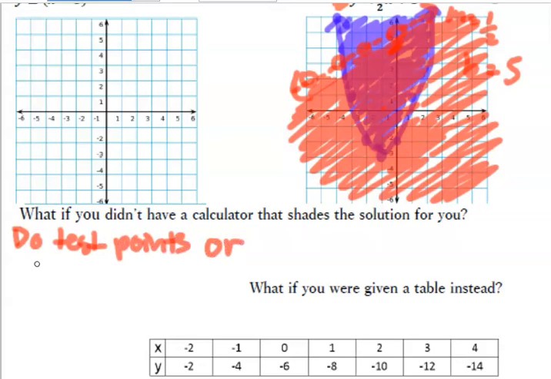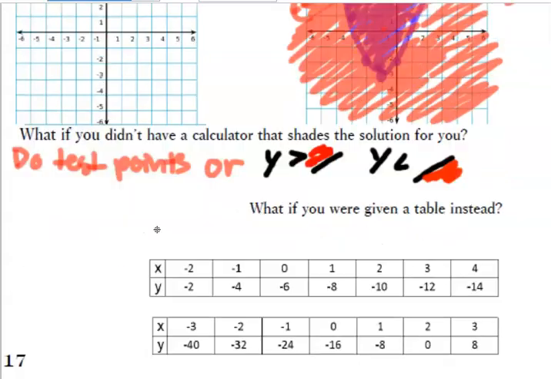Or if you have y is greater than, you shade above. Y is less than, you shade below the b. One or the other. Either test points or one of these properties.